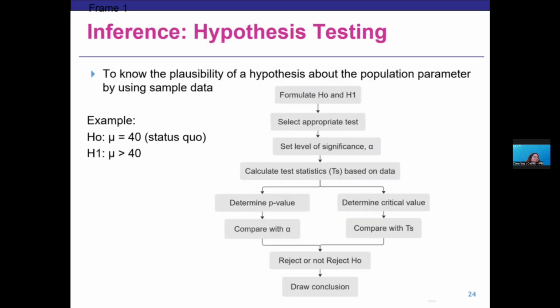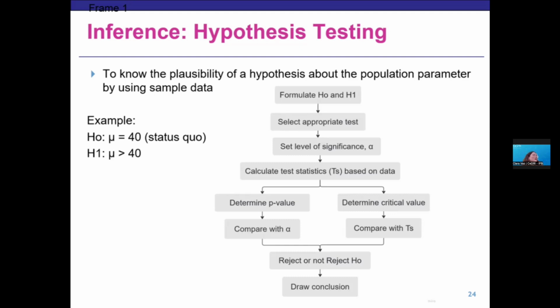But the decision maker can be interested in testing the plausibility of some hypotheses about the population parameter, for example, the mean. The decision maker may want to test, for example, whether the mean of the population is higher than 40, assuming that until now the true mean is considered equal to 40.